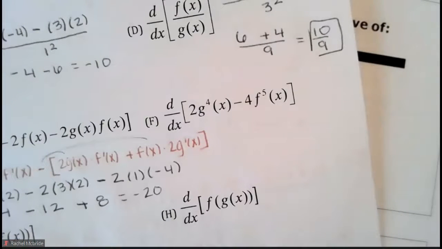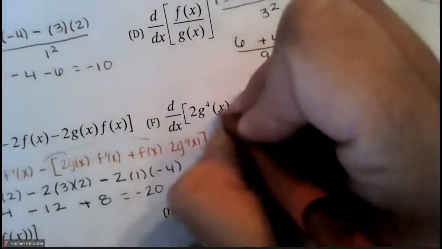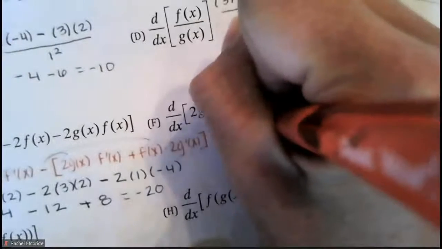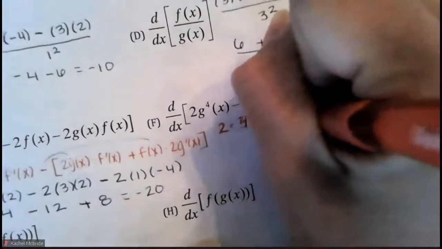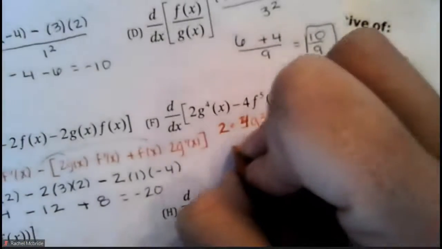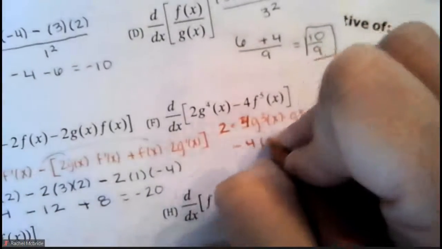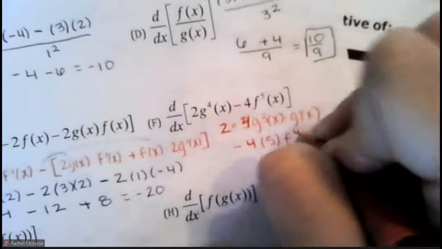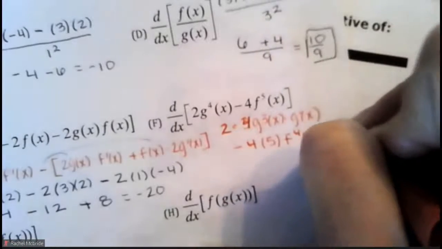Okay, letter F. Letter F is more like letter F from above, where you have that power on the function. So that first one would become 2 times 4 g cubed x times g prime x minus 4 times 5 f to the 4th power of x times f prime x.